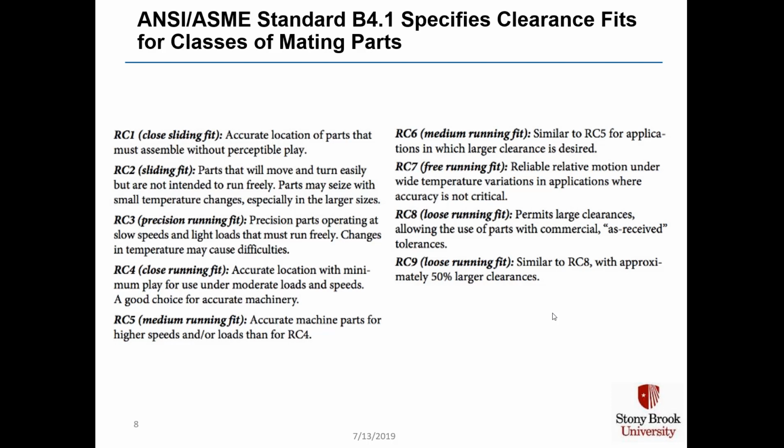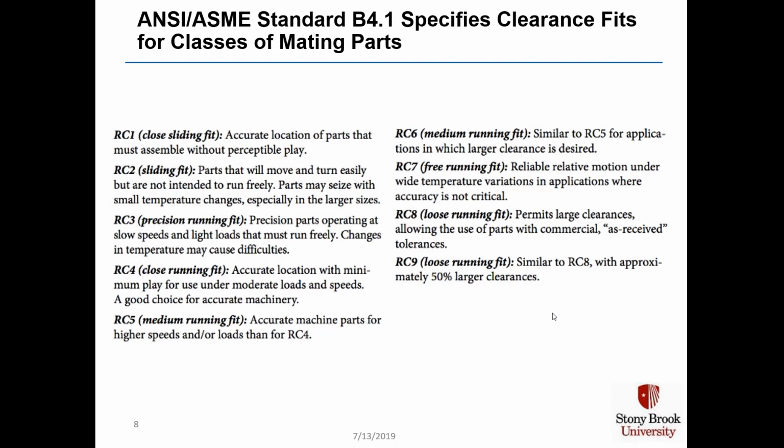The ANSI ASME standard B4.1 specifies 9 different clearance fits for classes of mating parts. They vary from RC1, which is a close sliding fit, about as close to interference as you can get without actually being an interference fit, all the way to what's called a loose running fit, RC9, where the parts are mated, but they wiggle around a lot if you think about how loose these numbers are really going to get.